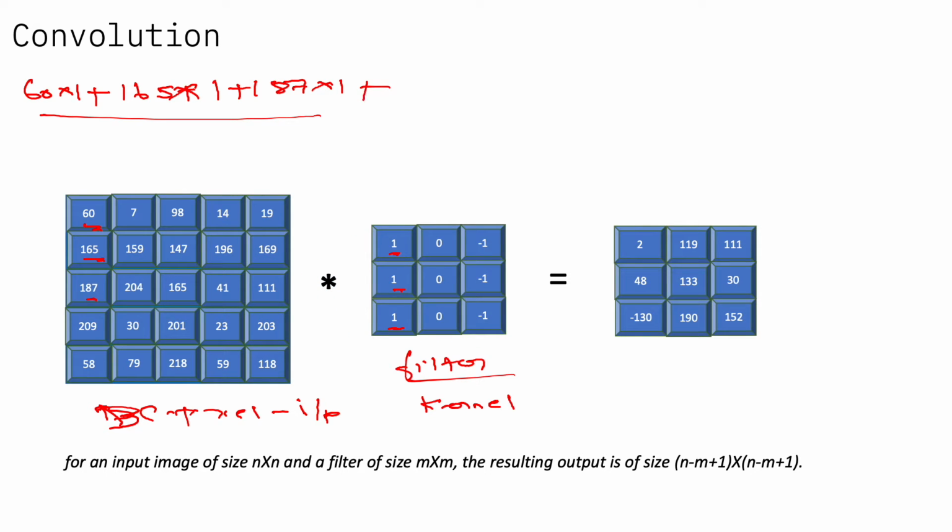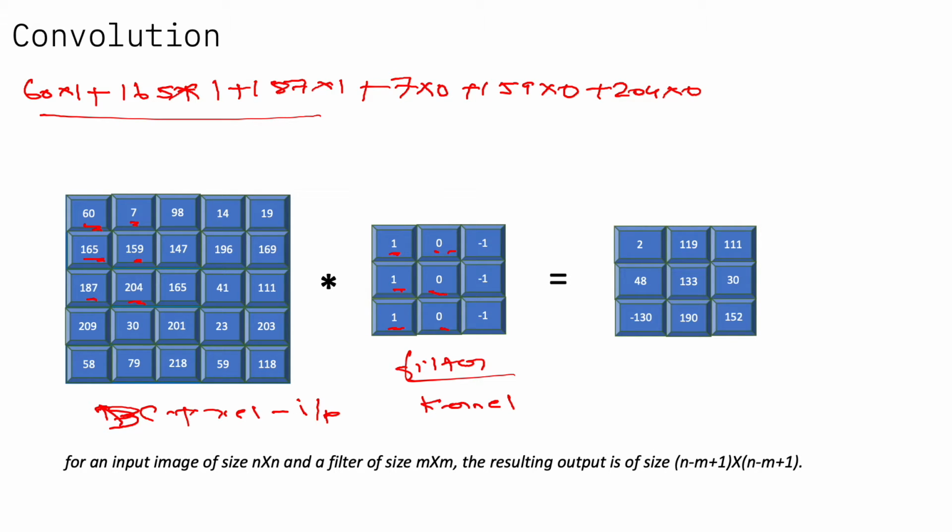And then you move on to the next column, and you multiply 7 times 0, 159 times 0, and 205 times 0. So I'm going to write that now: 7 times 0 plus 159 times 0 plus 205 times 0.